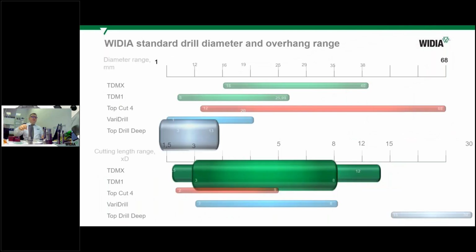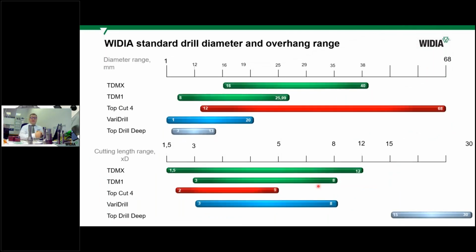Another advantage of indexable drills versus other ones is the diameter range. You can see that we are using indexable drills from 12 millimeters to 68, if we talk about the standard assortment. If we talk about specials, it can be much bigger, and also a little bit smaller.